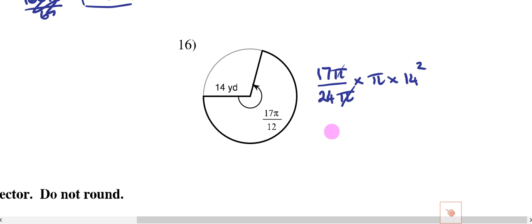The pi's cancel. So I've got 70 over 24 times pi times 14 squared.